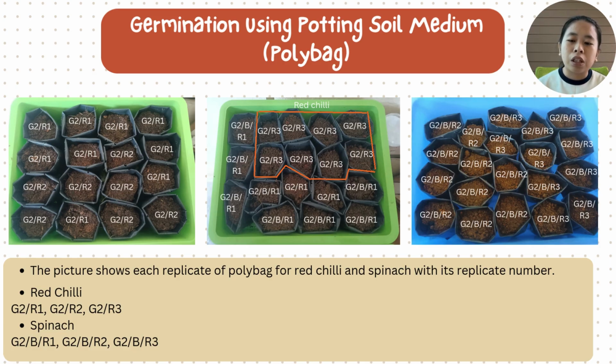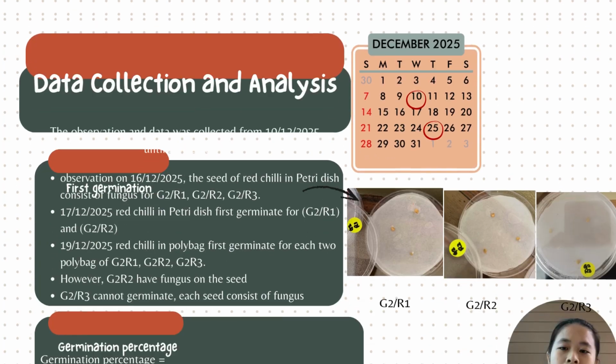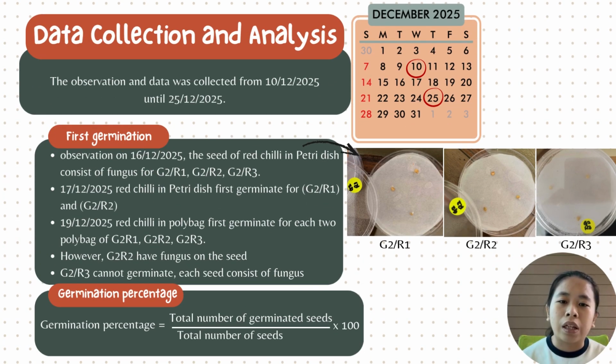For the red chili, the replicate numbers are G2/R1, G2/R2, and G2/R3, while for the spinach, they are G2/B/R1, G2/B/R2, and G2/B/R3.